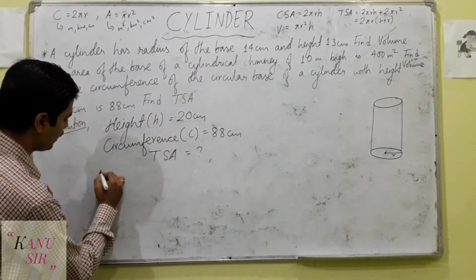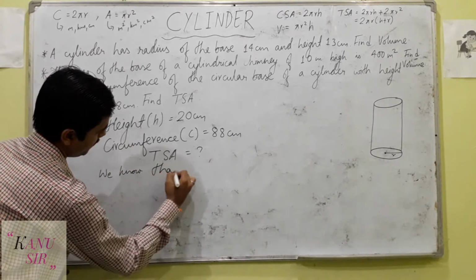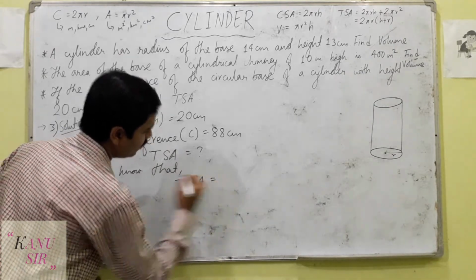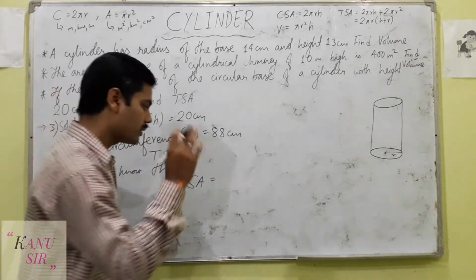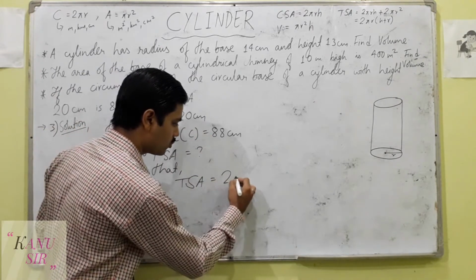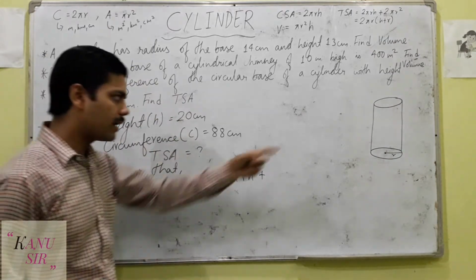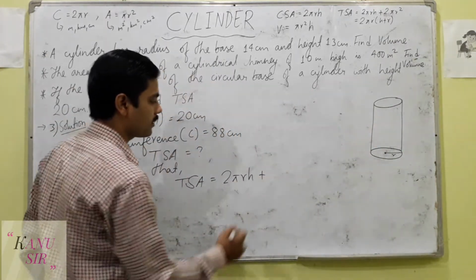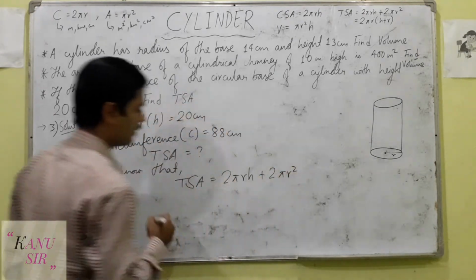So here we know that total surface area is equal to, what is the formula? First, the curved surface area, that is 2 pi r h. Second, the area of the two base circles, that is 2 pi r square.